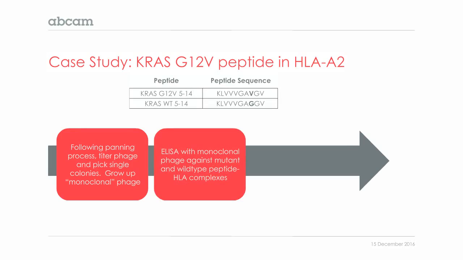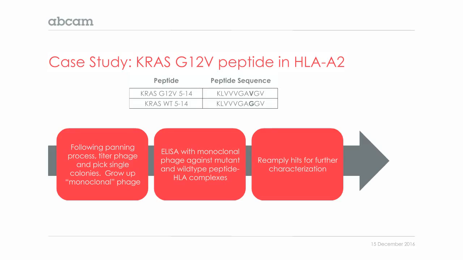Then we do what's called a monoclonal ELISA, where we pellet the bacteria in the deep 96-well plates, and then we look at how the phage-laden supernatant binds to either the mutant peptide-HLA complex or the wild-type peptide-HLA complex on an ELISA plate. Finally, after we identify any hits on the monoclonal ELISA, we re-amplify hits for further characterization.